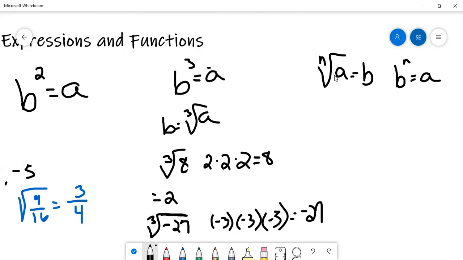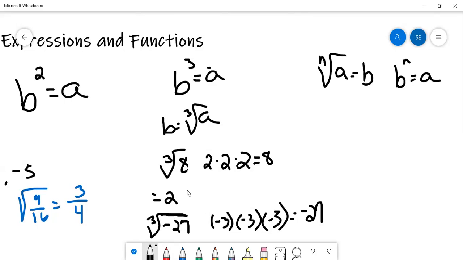then we're always going to get a negative number. Just like here we had the cube root of a negative number, we got negative 3. The cube root of a positive number is always going to be a positive number. Okay, so when you take the odd root of a negative number, you get a negative number. Take the odd root of a positive number, you get a positive number.